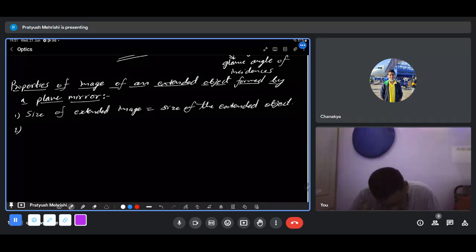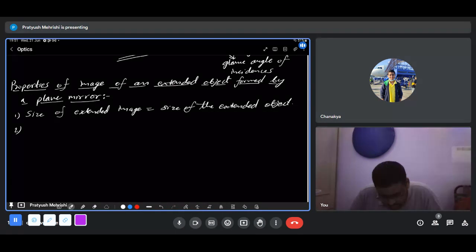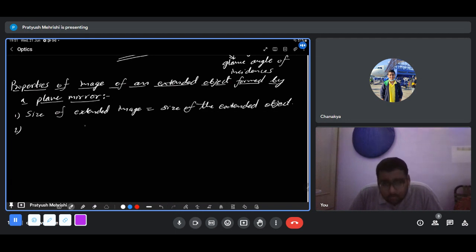Second, if the image is erect, it means the object is placed parallel to the mirror. Like if the image is like this, if the image is erect, it means what? The object is kept parallel to the mirror.